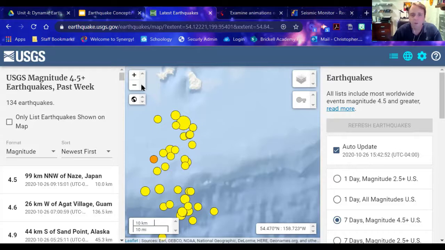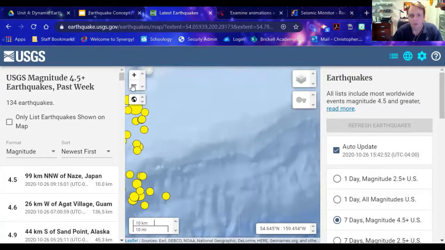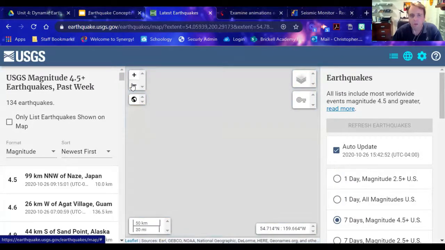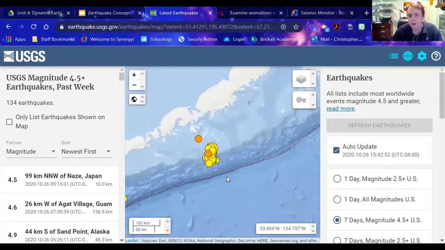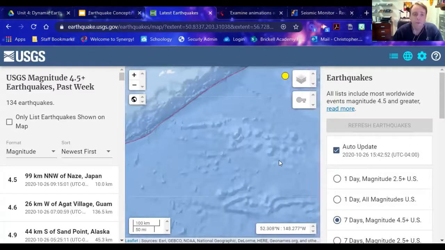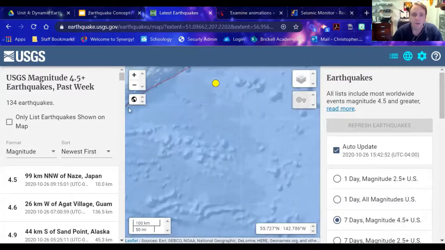You can also change the filters depending on however much information you want. You can go to different parts of the planet and look at past earthquake activity. Anyway, just play with it, see what you find. See if you can find something interesting.